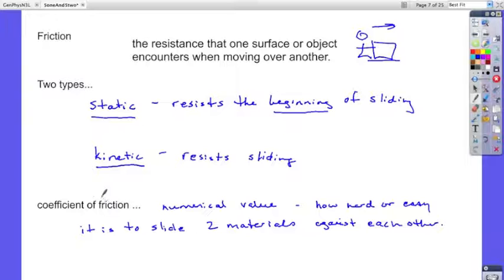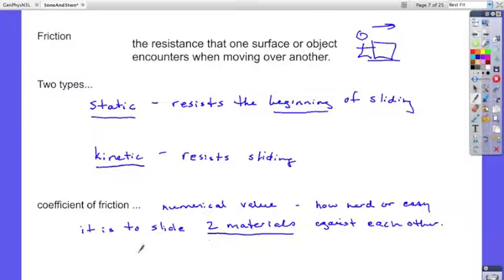And the coefficient of friction depends on what the two materials are. This is something you can actually look up in a table, and there's a table of coefficients of friction in your textbook. That table would have coefficients of static friction and coefficients of kinetic friction listed together.